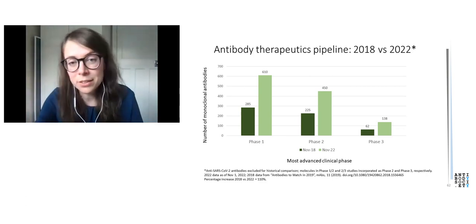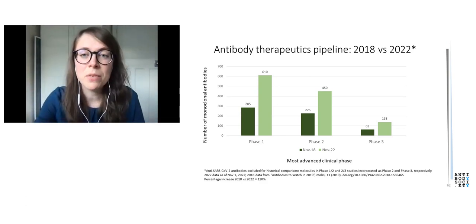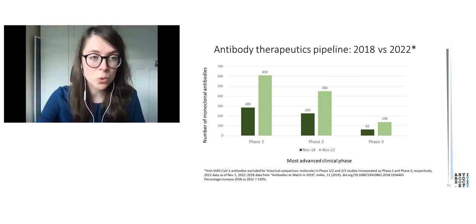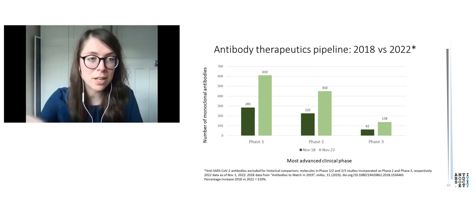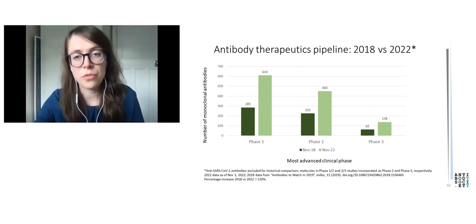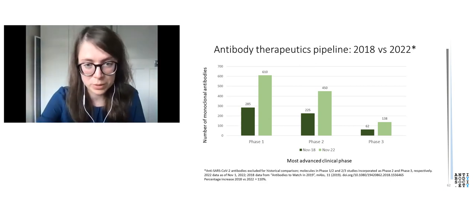And as you can clearly see, the number of antibodies in 2022 is more than twice the number from 4 years before in phase 1, phase 2, and phase 3, which means that antibodies are nicely progressing to each phase of clinical development as well.